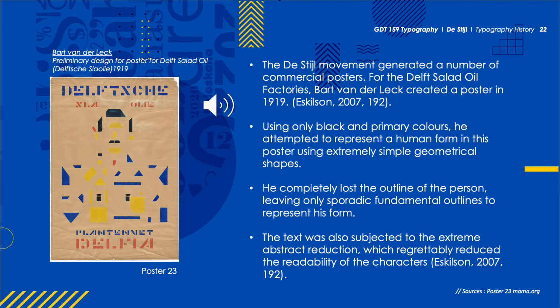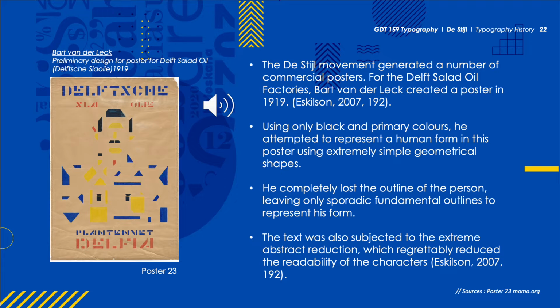The De Stijl movement generated a number of commercial posters for the Dave Salad oil factories. Van der Leck created a poster in 1919. Using only black and primary colors, he attempted to represent a human form in this poster using extremely simple geometrical shapes.